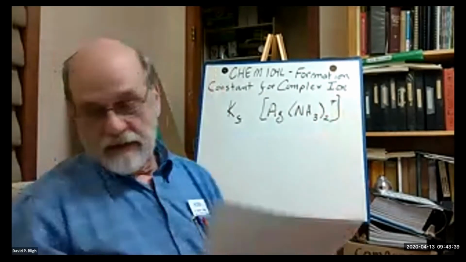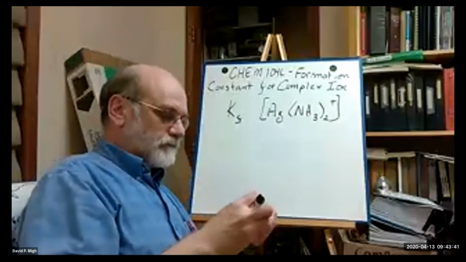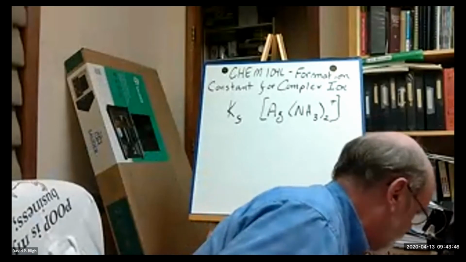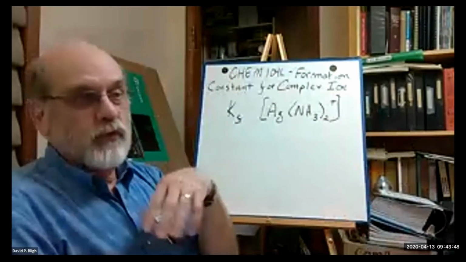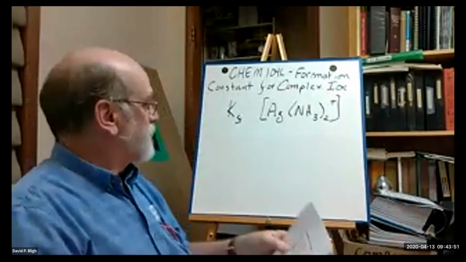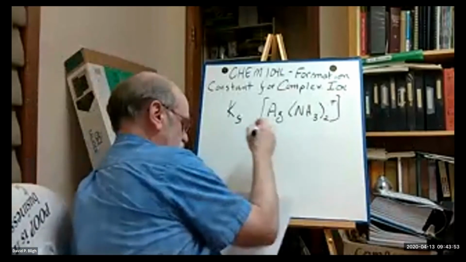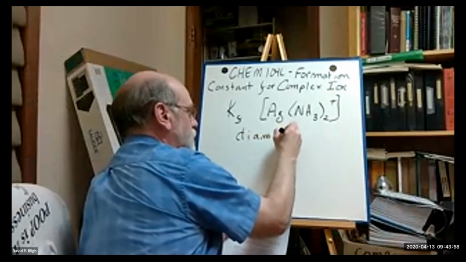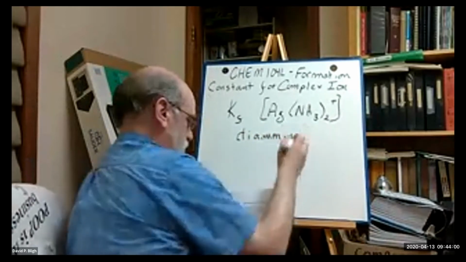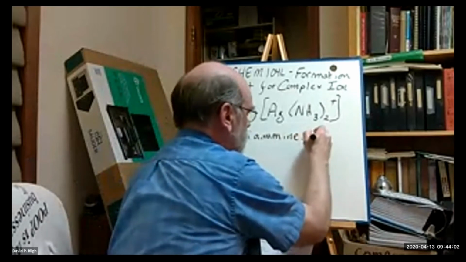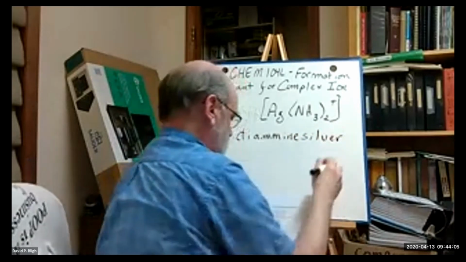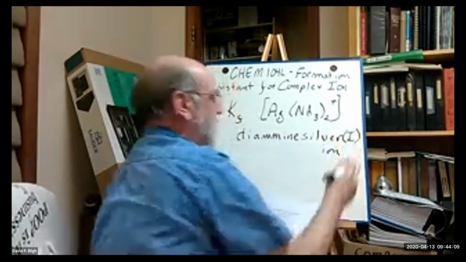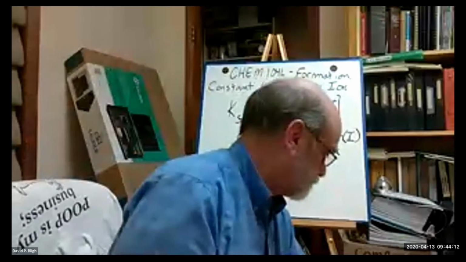Right? So that's a complex ion. And it has a name. Now, I didn't give you all the rules for naming complex ions, but if you ever need to look this one up, it's called diamine silver(I) ion.